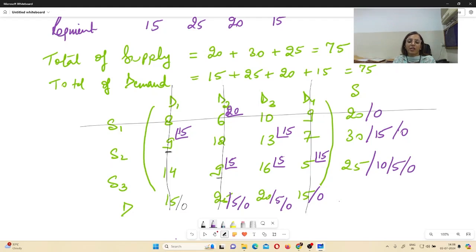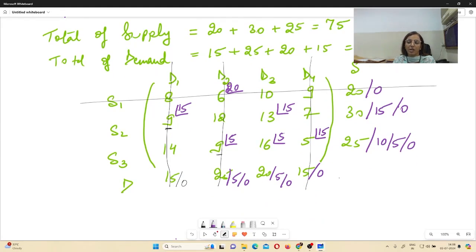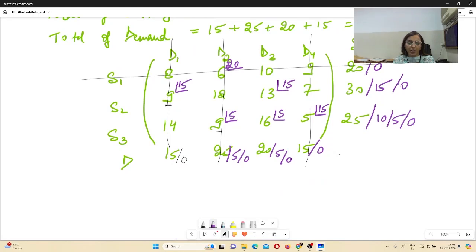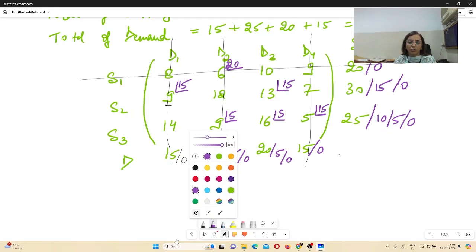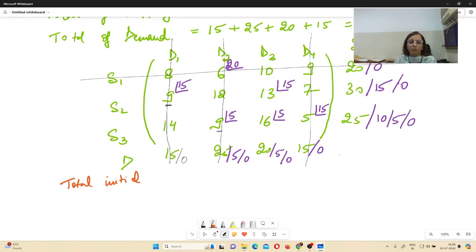From this, we can find that all the allocations have been done and the last remaining value is 0 in this scenario. So now we will calculate the total feasible solution, right? Now we have to give the answer as the total initial feasible solution, okay?